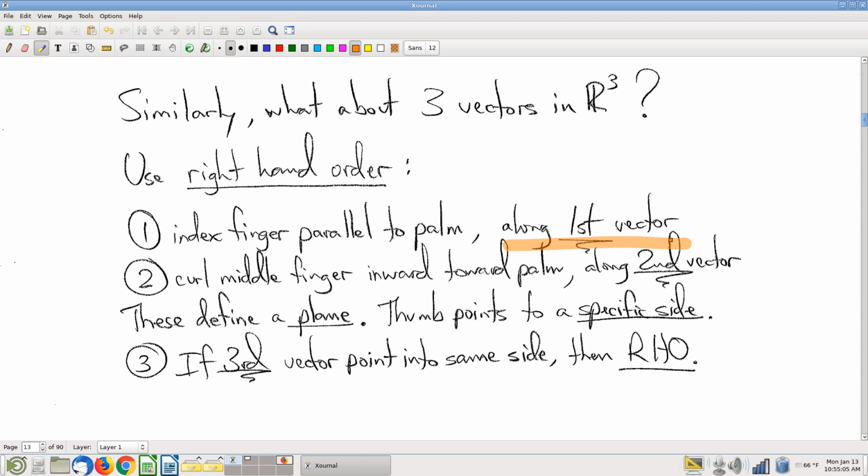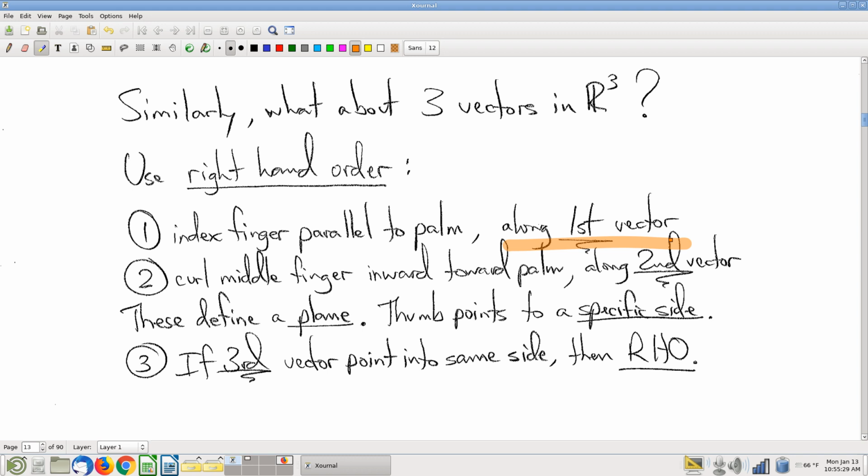If the third vector points on the same side of the plane as your thumb, then we call that ordering a right-hand order. But if that third vector points on the other side of the plane from your thumb, then we say that is not a right-hand order.